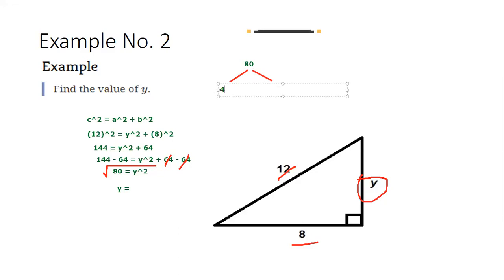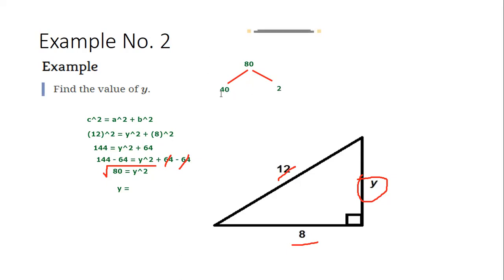So this is 40. This is one way of determining the value of y, just in case you're not using your calculator. Sometimes we have to learn the traditional way of determining the factors or the answers for our radicals without using calculators, by using this factoring method.